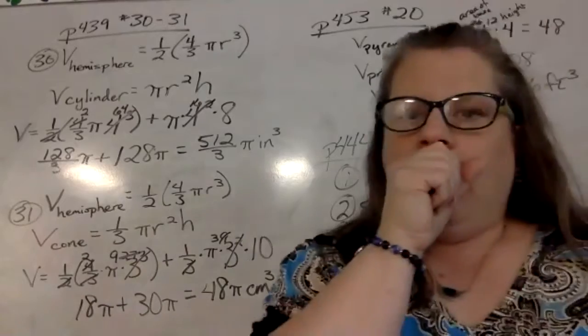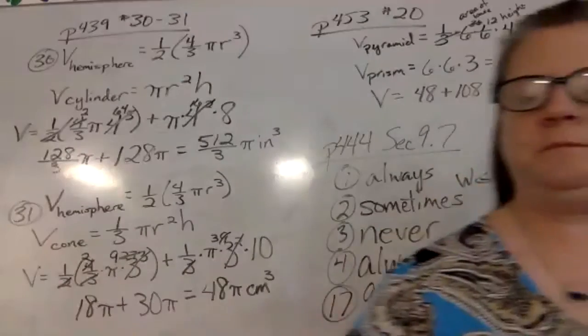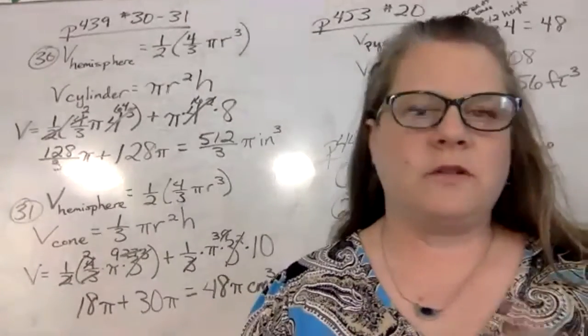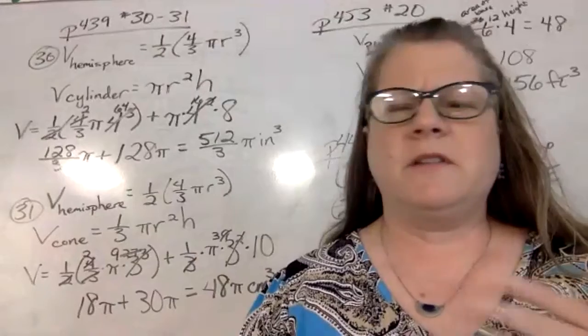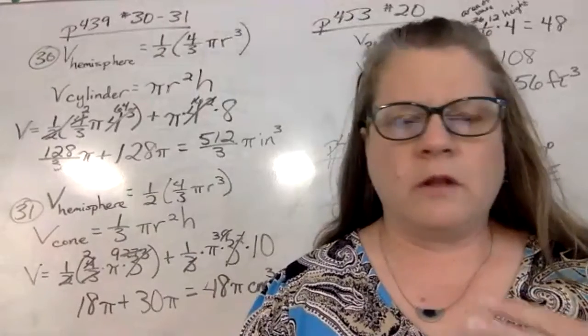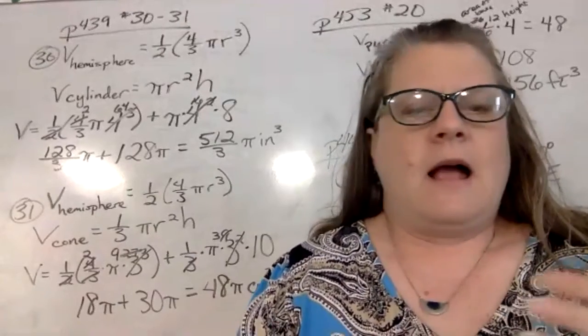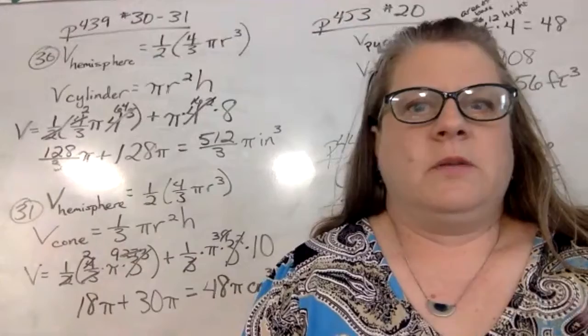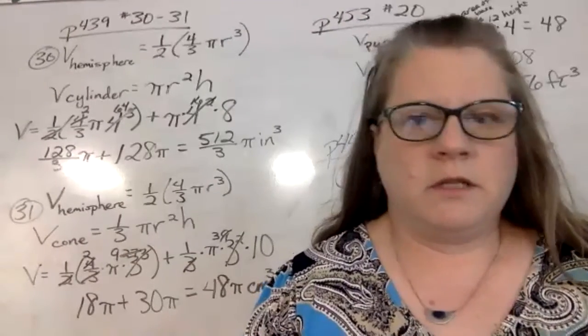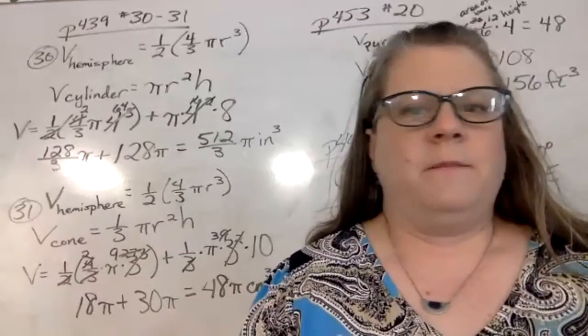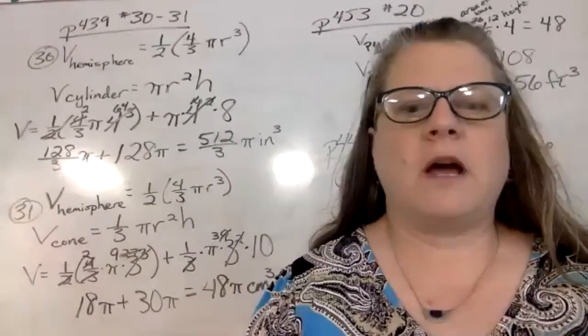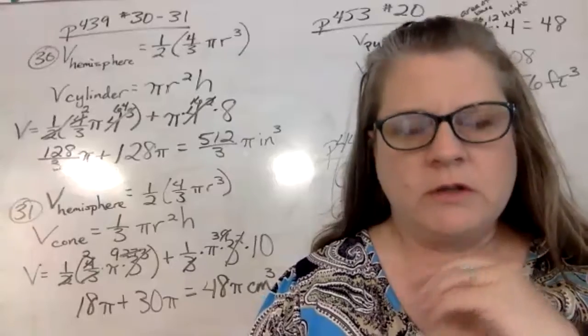Now, on the quiz, I went over some stuff again yesterday. Some of you still aren't using the right formulas. I don't know what else to do when I basically told you which formulas to use yesterday. You have to know what the shapes are.